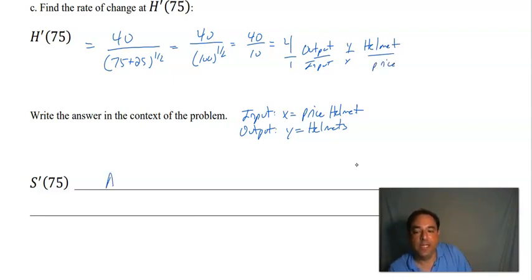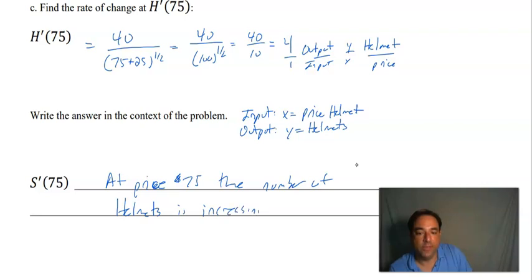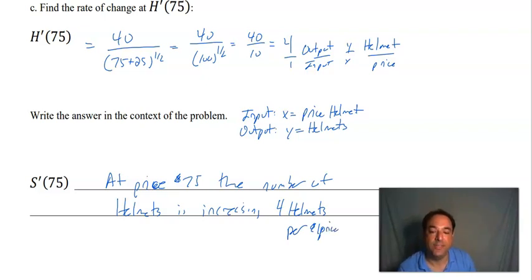So at a price of $75, the number of helmets is increasing. Why is it increasing? Because it's positive. It's increasing 4 helmets per dollar in price. So at a price of $75, the number of helmets is increasing 4 helmets per dollar in price.